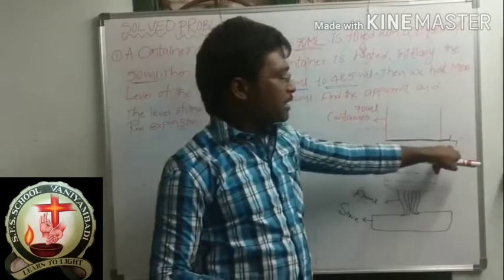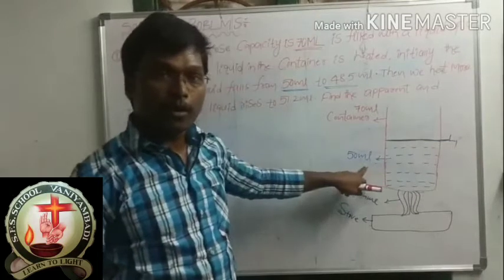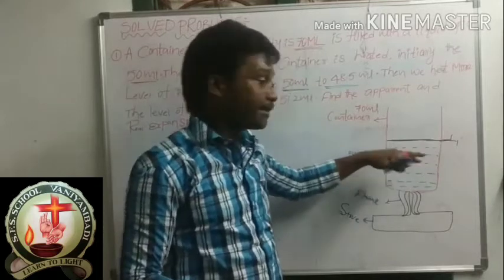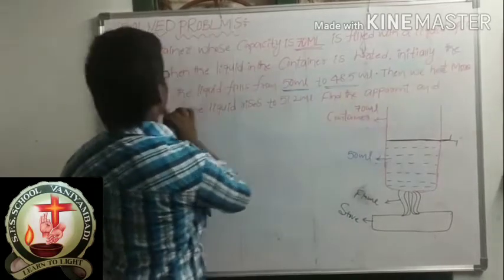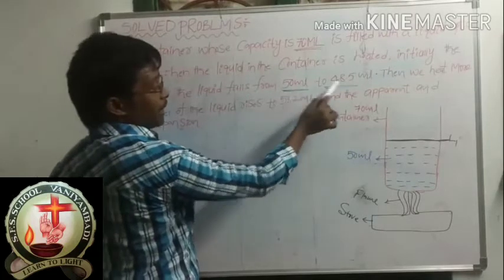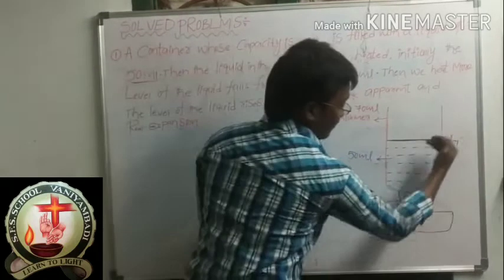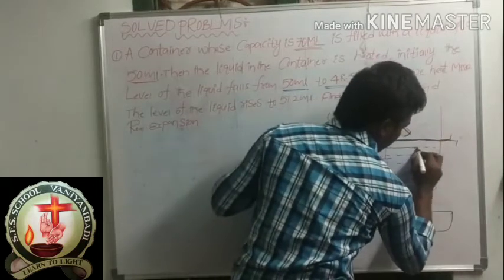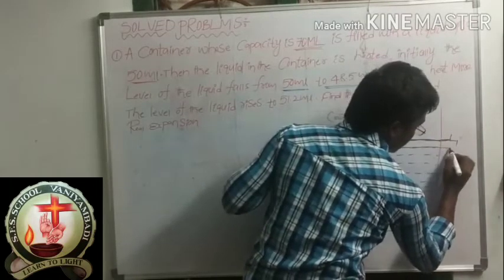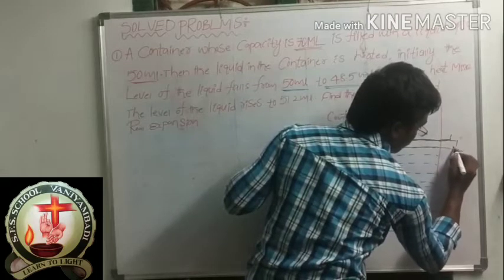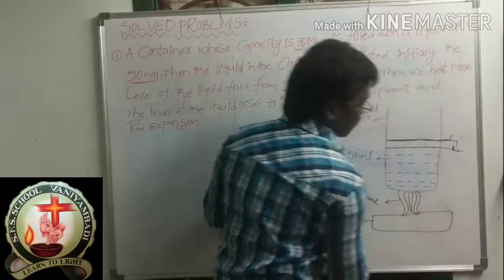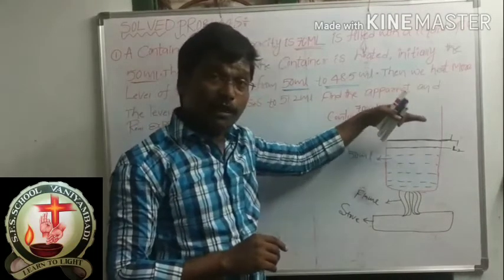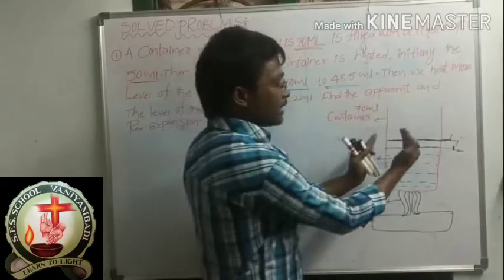The initial level of the liquid is L1, that is 50 ml. Whenever you give heat energy to the container, the liquid level will decrease. Initially, the level of the liquid falls from 50 ml to 48.5 ml. The water level is decreased from here to here. So this one is L2. I hope you know the reason the liquid level is decreased is that the container is expanded.